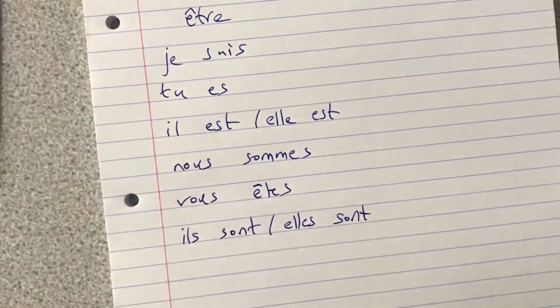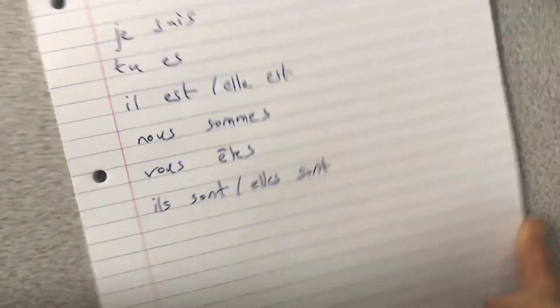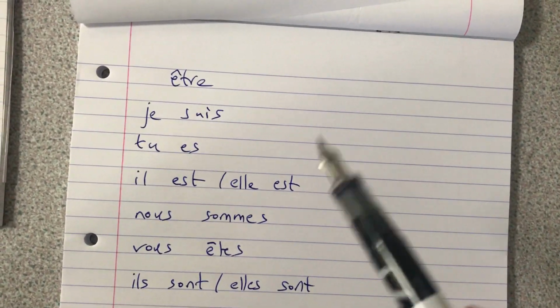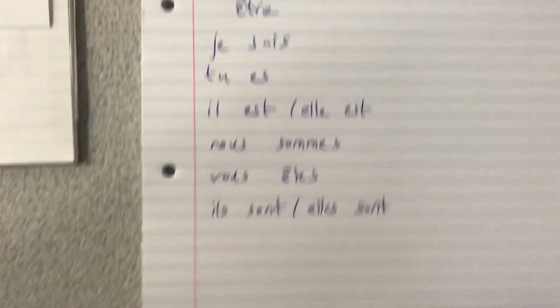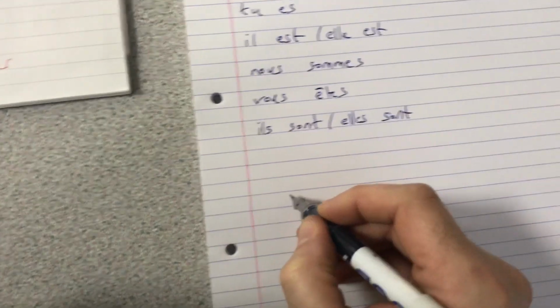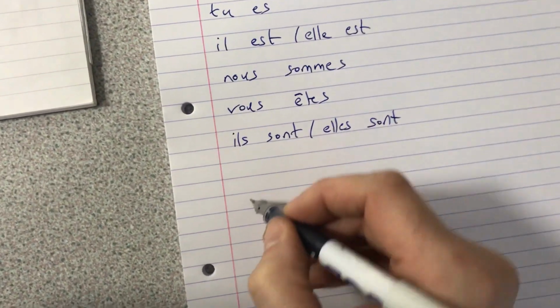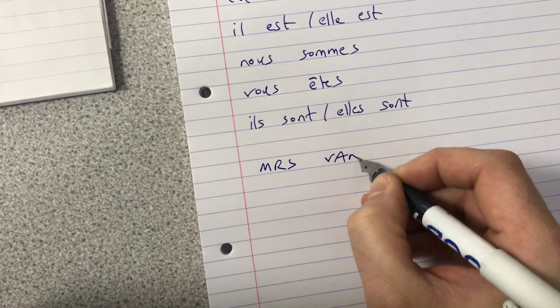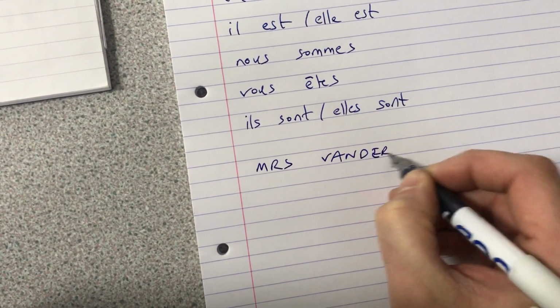So let's have a look at those past participles, those verbs that go with être to form the past tense. So common ones, we remember them, by the way, by the mnemonic Mrs. Van der Trump.